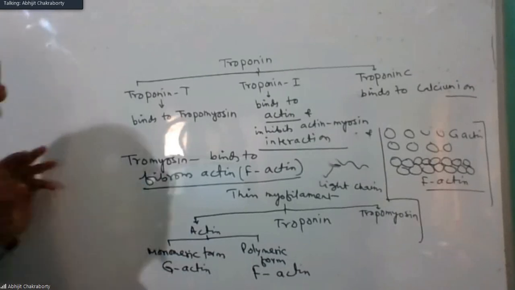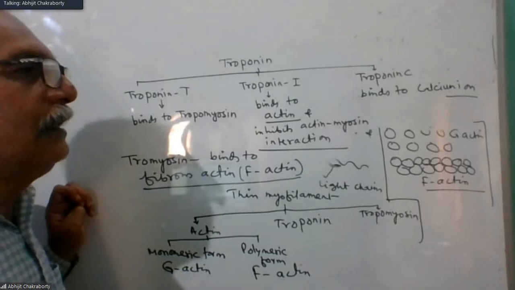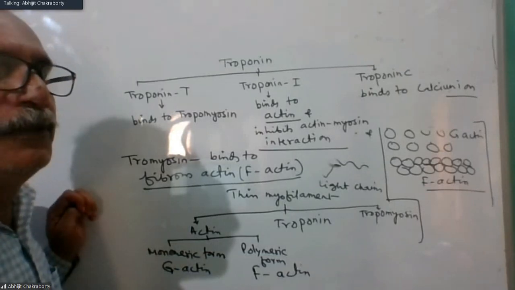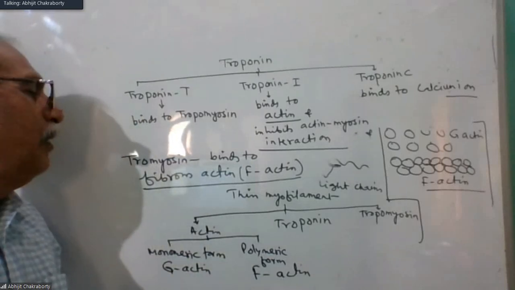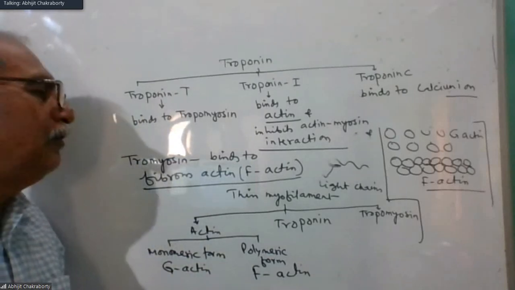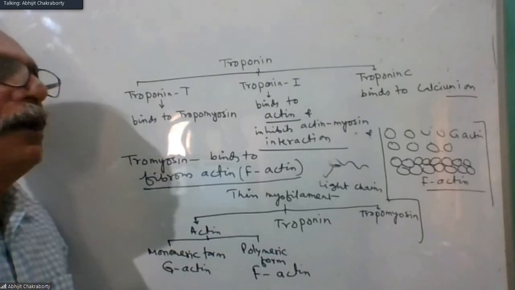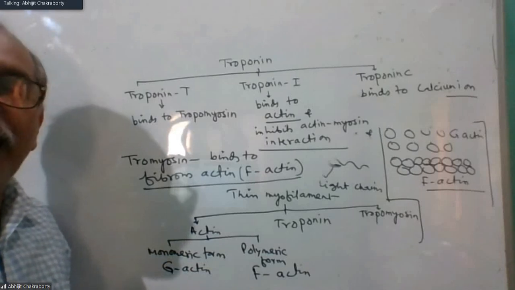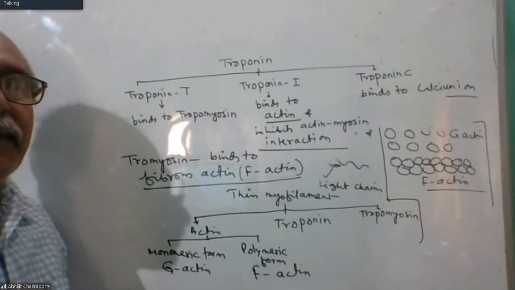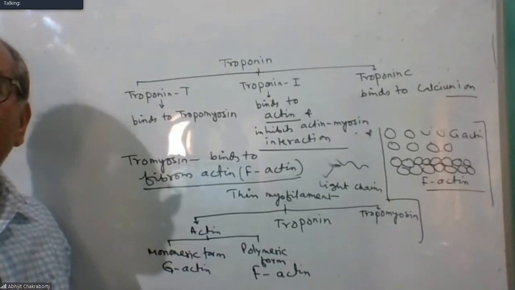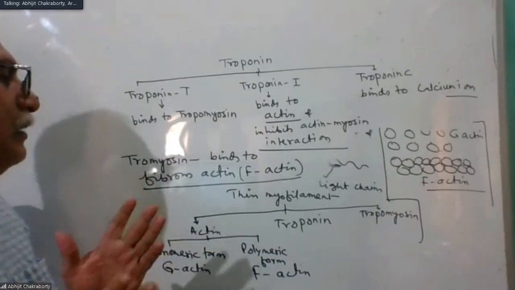During resting condition, tropomyosin is found to cover the active sites of actin, so that myosin cannot bind to actin. Clear?